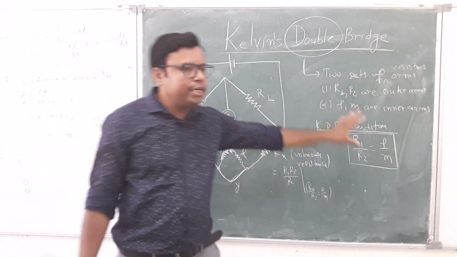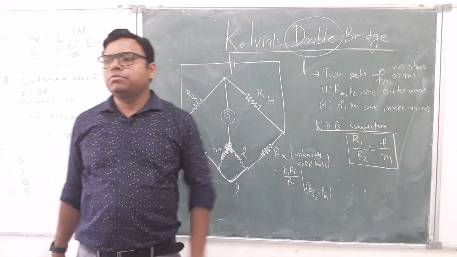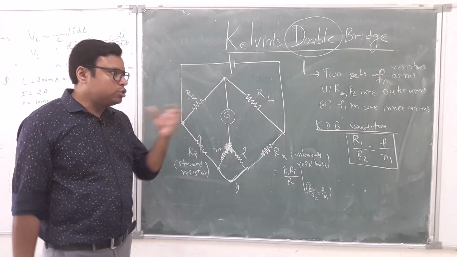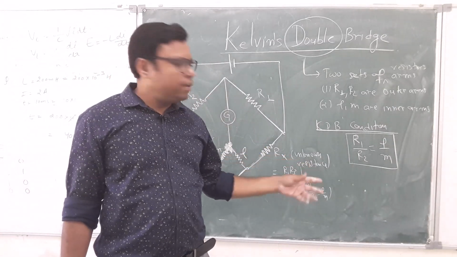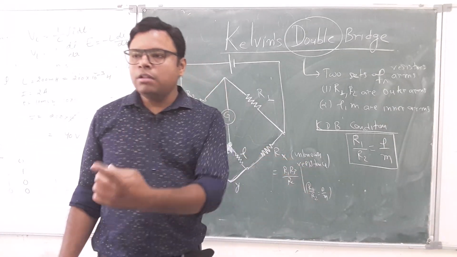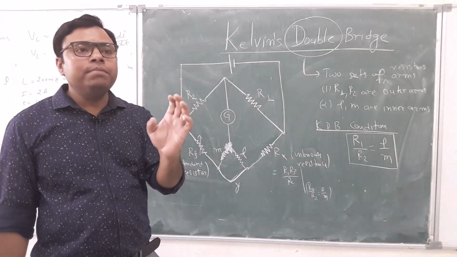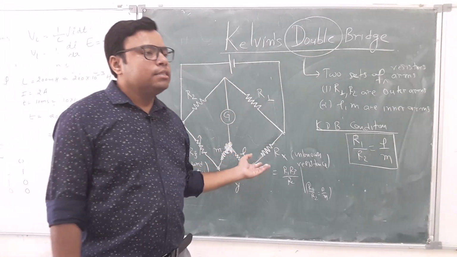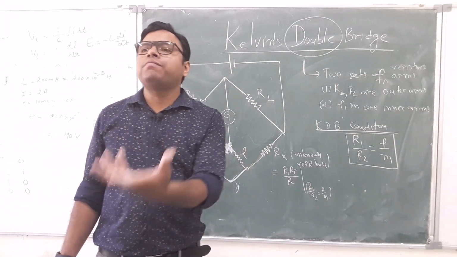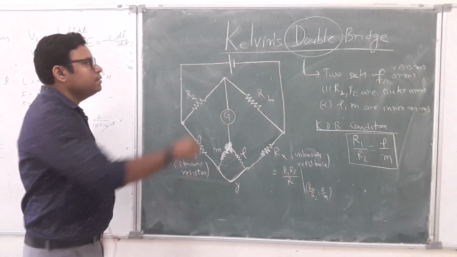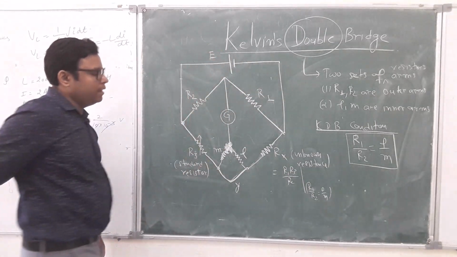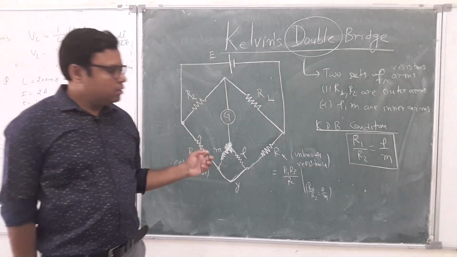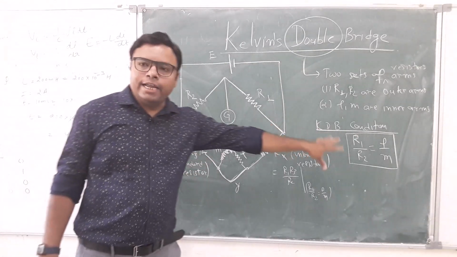So even if I do not tell you, it will come in the equation. The main thing is to solve the bridge circuit for Rx. To solve means to find the unknown, or to get an expression for Rx in terms of other parameters. So even if I do not tell you, don't worry.